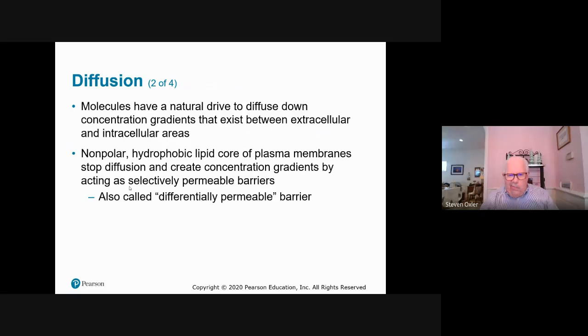Your plasma membrane is differentially permeable. Remember, its nonpolar hydrophobic lipid core will stop diffusion and create concentration gradients, acting as a selectively permeable barrier. So not everything will get into the cell and not everything will get out of the cell because it is selectively permeable.